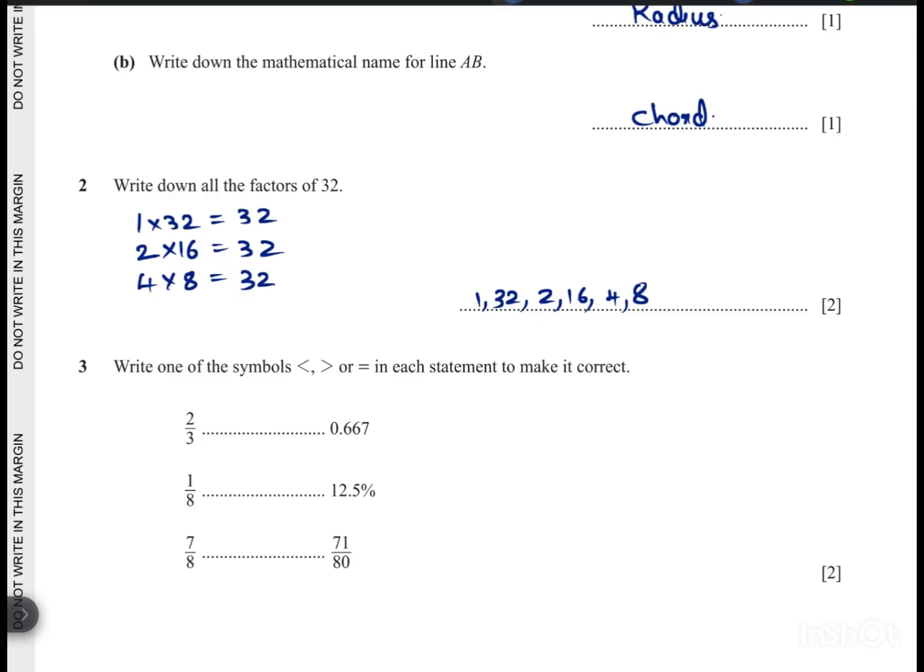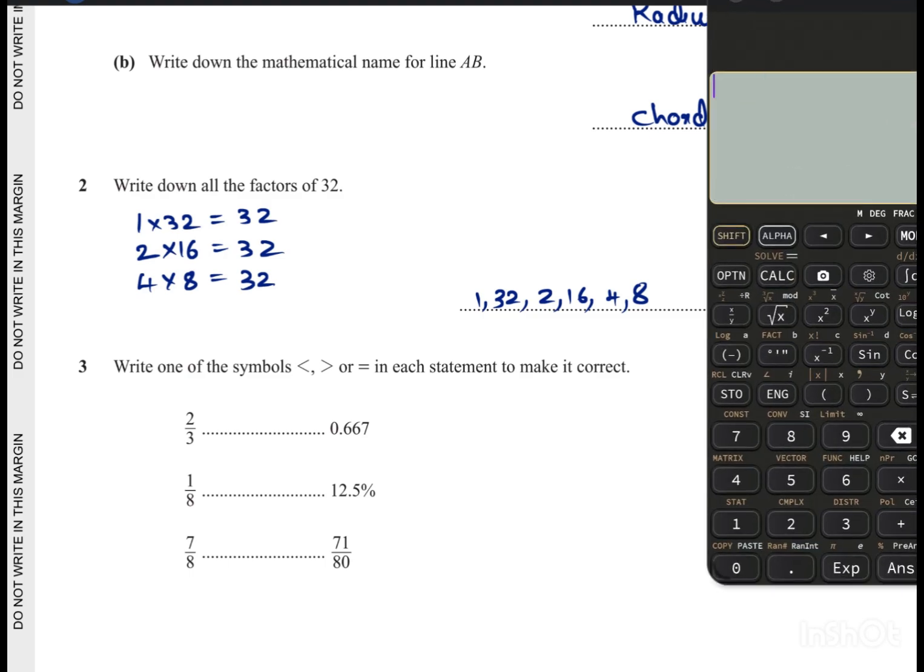Question 3. Write one of the symbols less than, greater than or equal to in each statement to make it correct. So we have to fill these symbols in so that this will be correct. Now one is a fraction, one is a decimal, so better you convert the fractions into decimals.